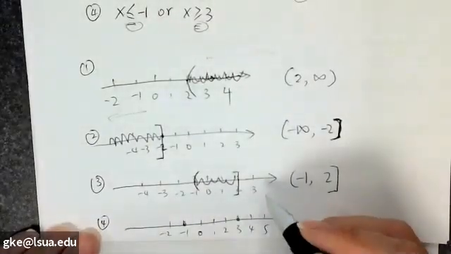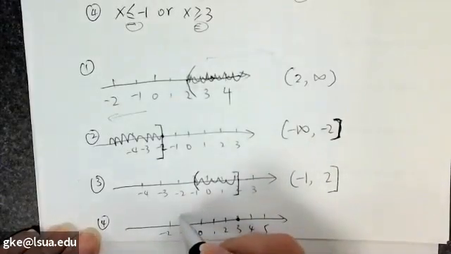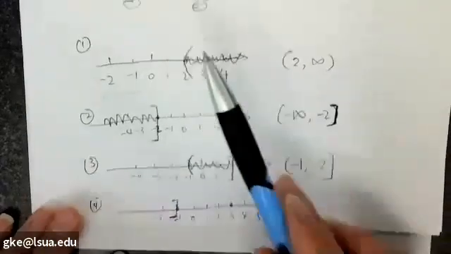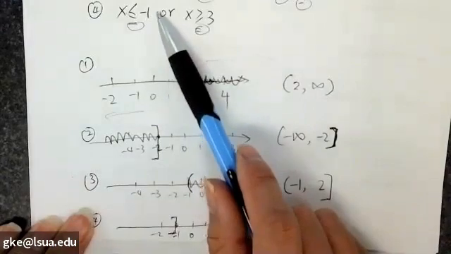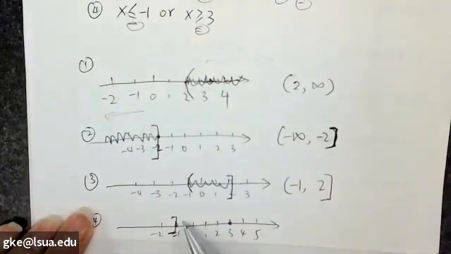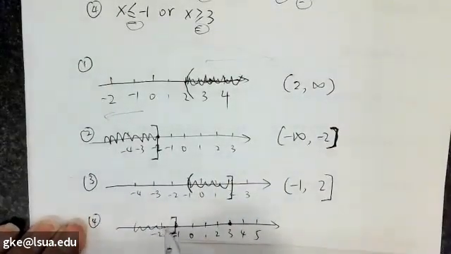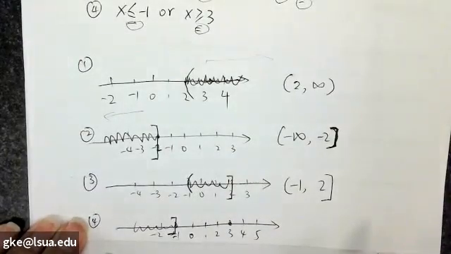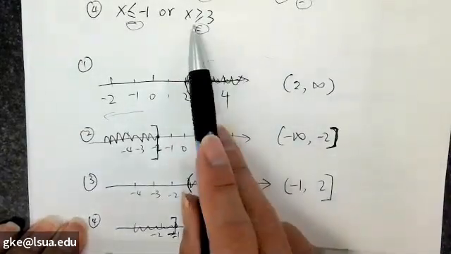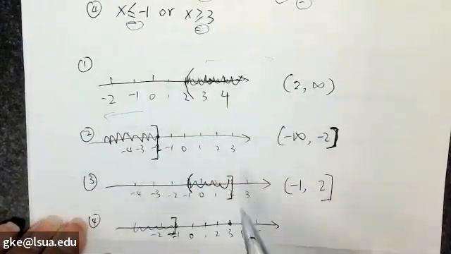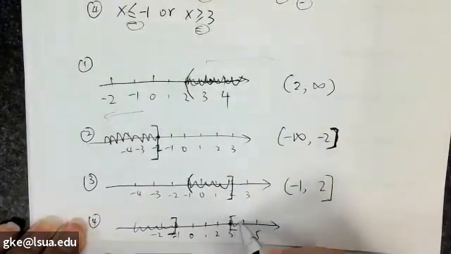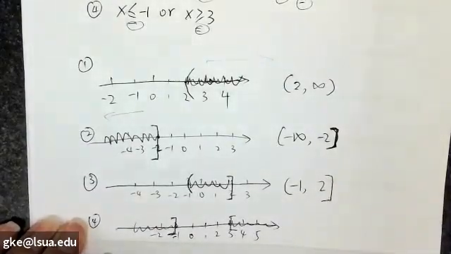Then we can draw the picture. The -1 is included, so we use the square bracket. Less than or equal to -1 is this part, and greater than or equal to 3 is this part.